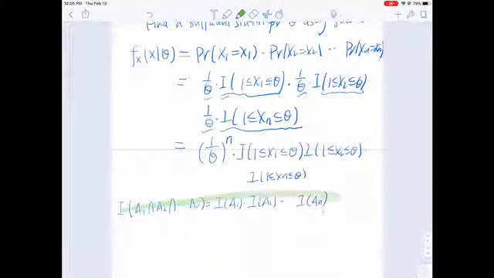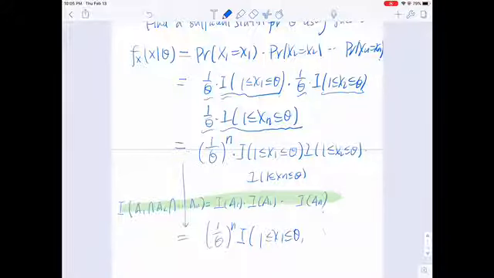Because of this equality, we can essentially rewrite the product of n indicators into one indicator, which is x1, x2, and xn belong to 1 to theta.